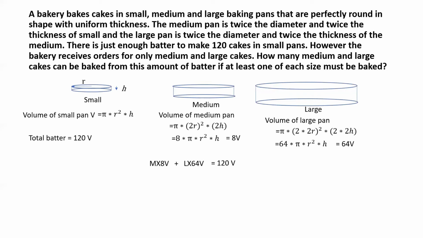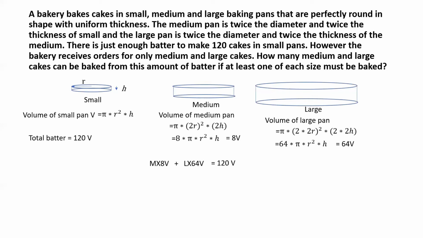We add them together and we have the total amount of batter. But this should be equal to 120V, because there's just enough batter to make 120 small cakes. So now if we divide both sides of this equation by 8V, we can do that because V is not equal to 0.